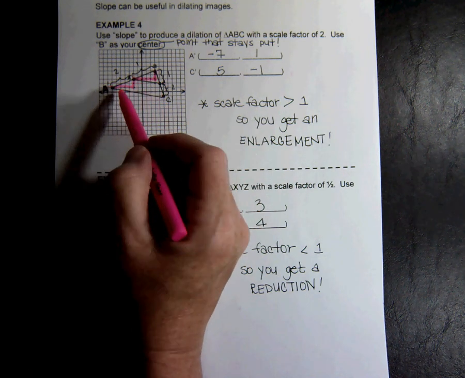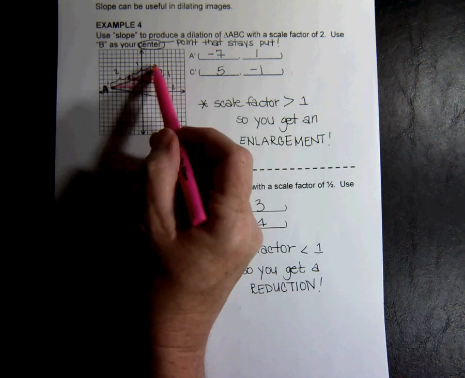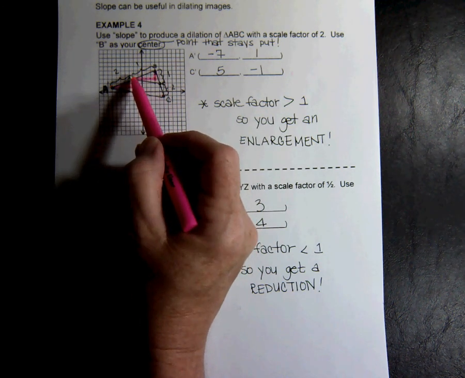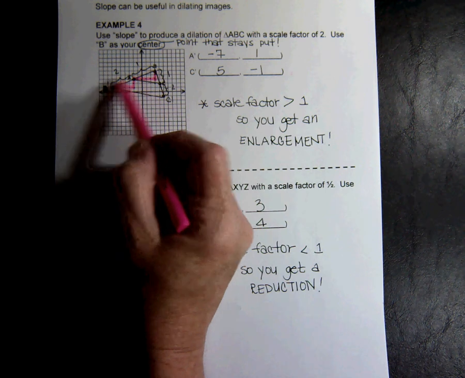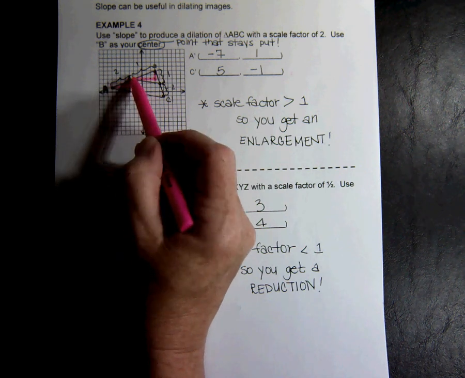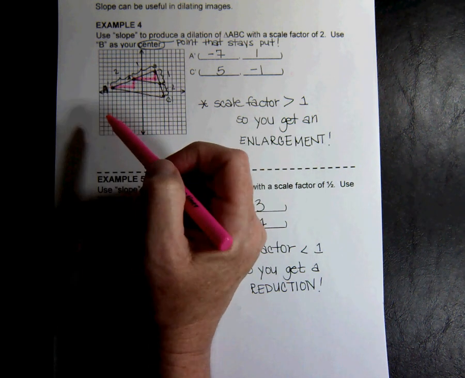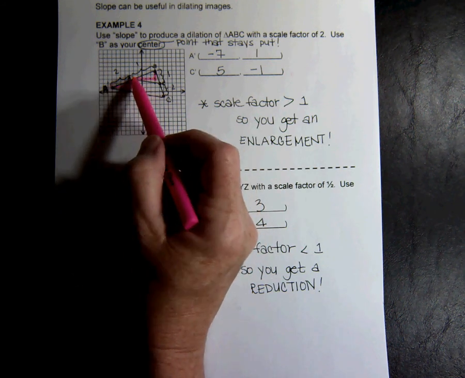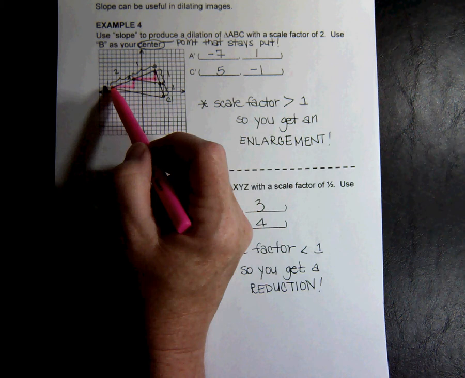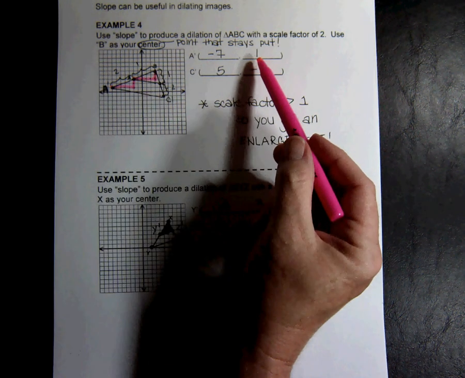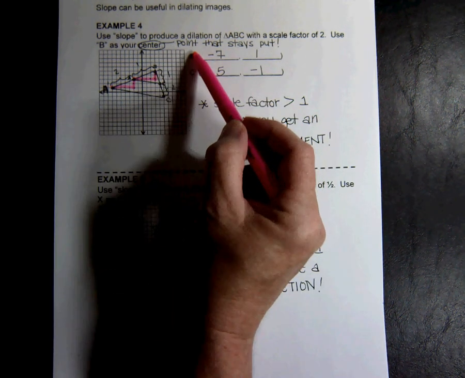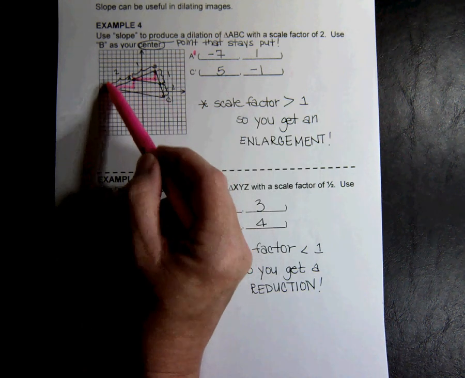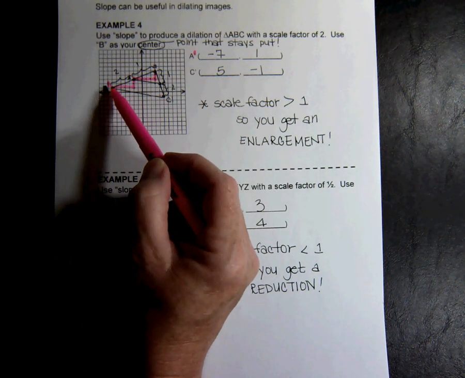You can use distance formula from B to A, and then from here again, making it the exact same distance to move it, but it's so much easier to just use slope. So my new A, it was here, and now it's at -7, 1. That would be my A asterisk. Make sure you remember the A asterisk is the new point.